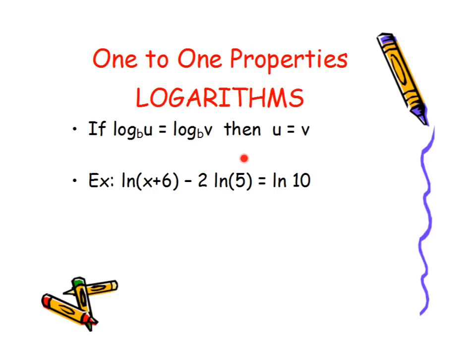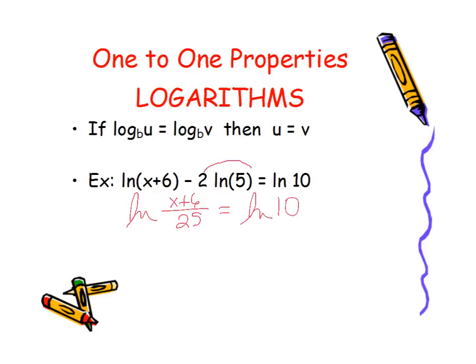I know this 2 could pop up here as an exponent. I know this subtraction could turn into division. Down to a single log, I'd have an x plus 6 on top, divided by, I'm going to bring this 2 up here, and that's going to turn into a 5 squared, or a 25, equals natural log of 10. I'm ready.